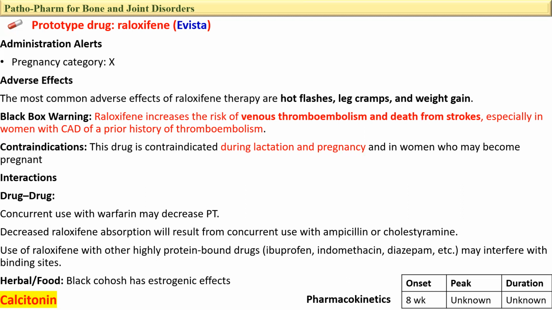Also, use of raloxifene with other highly protein-bound drugs, ibuprofen, indomethacin, diazepam, may interfere with binding sites. Calcitonin increases bone density and reduces the risk of vertebral fractures.